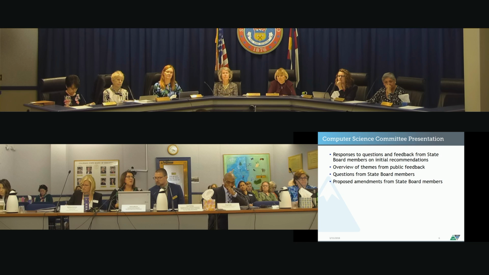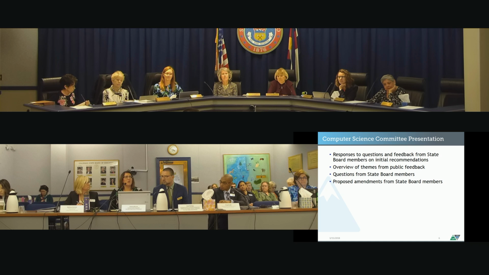But as was said, districts are in a place where they're just choosing teachers to teach these courses. Some have a computer science background directly, some are coming from the field. As far as a licensed endorsement, we don't currently have a STEM one or a full computer science endorsement for teachers. But that is something the committee is recommending to move forward, and that's something we're looking at. Okay, thank you.